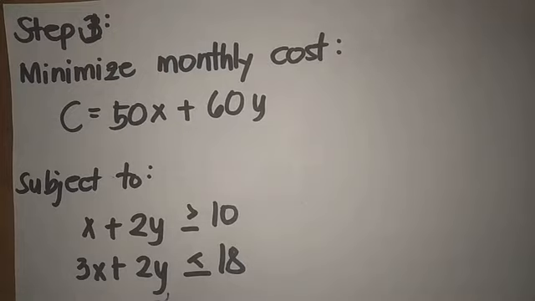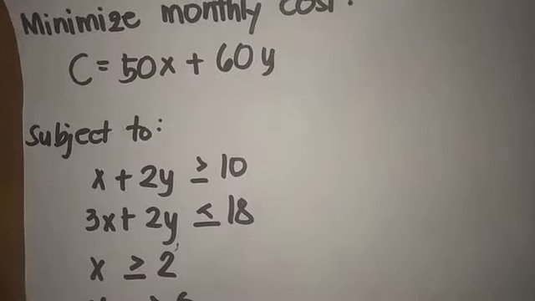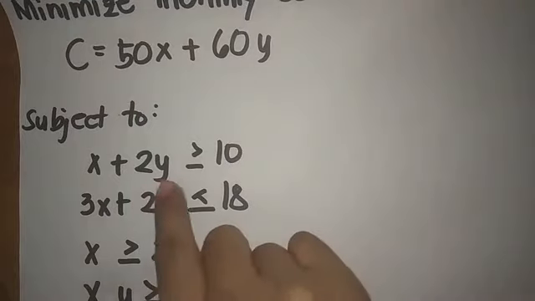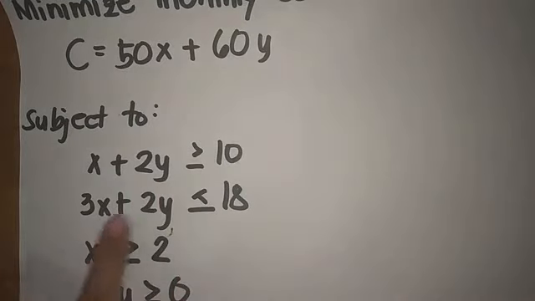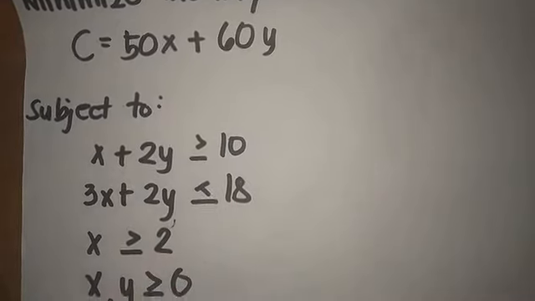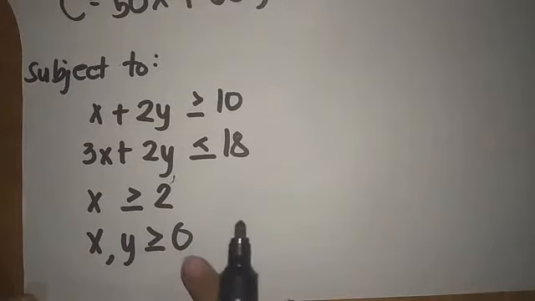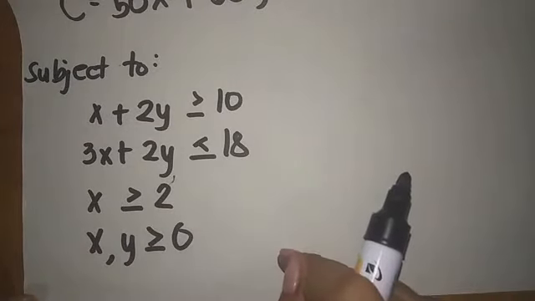So we have minimize monthly cost na C is equal to 50x plus 60y. Then the explicit constraint na x plus 2y is greater than or equal to 10, 3x plus 2y is less than or equal to 18, and x is greater than or equal to 2, and the implicit na x and y is greater than or equal to 0.